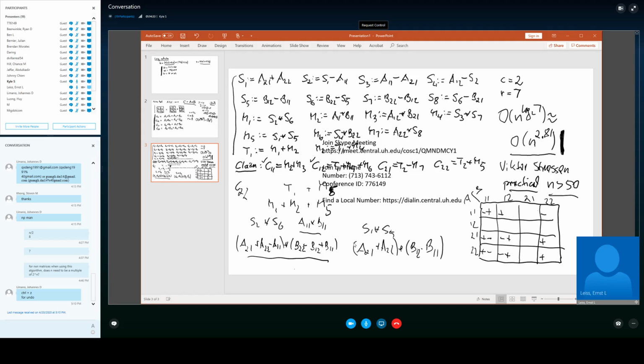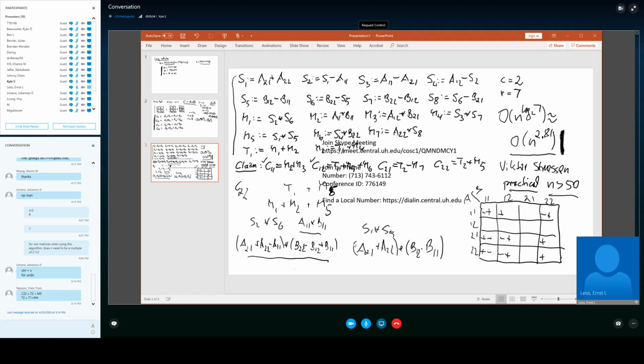And now we have that plus here. So, no, hold it. S1 and S5. M2, M5.